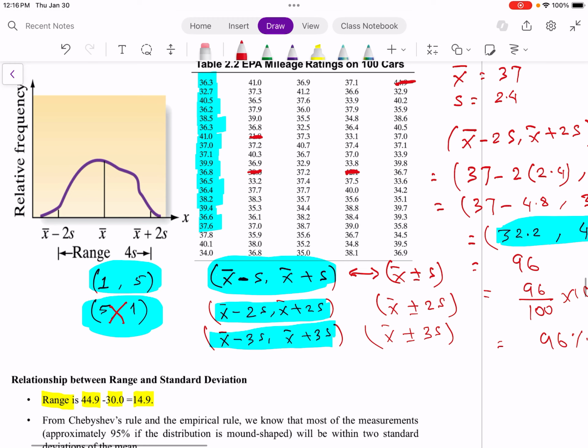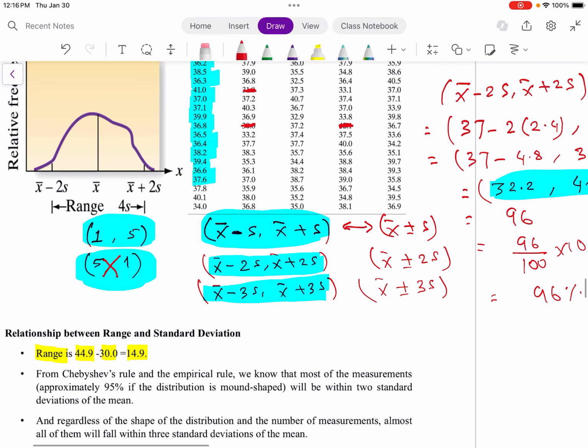Okay, so the range for these 100 measurements is 14.9. And if you divide the range by 4, it gives us a close approximation of the standard deviation. Finding the range is the easiest one.